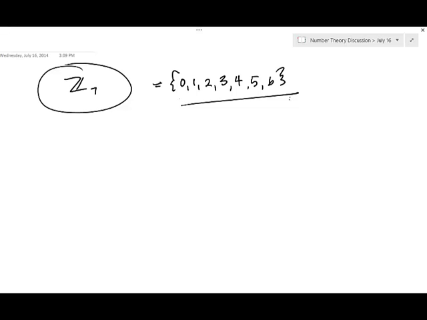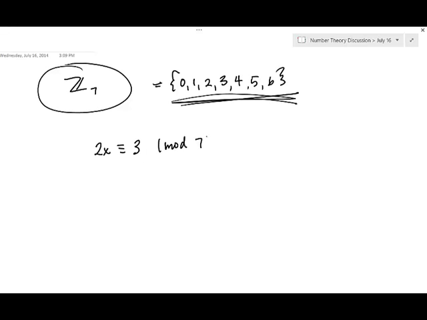So if you think about that, there's no 1/2, right? So if I wanted to solve, for example, the congruence, I want to know what integer times 2 is congruent to 3 mod 7.